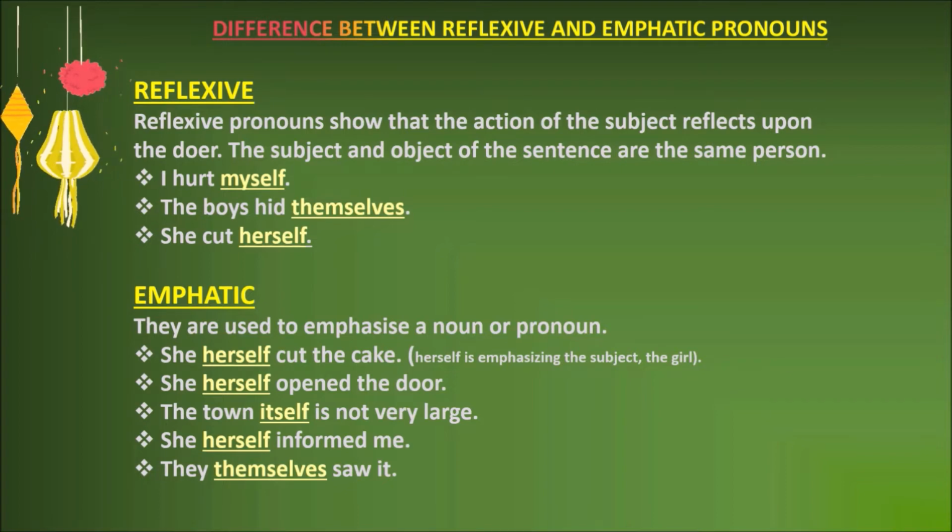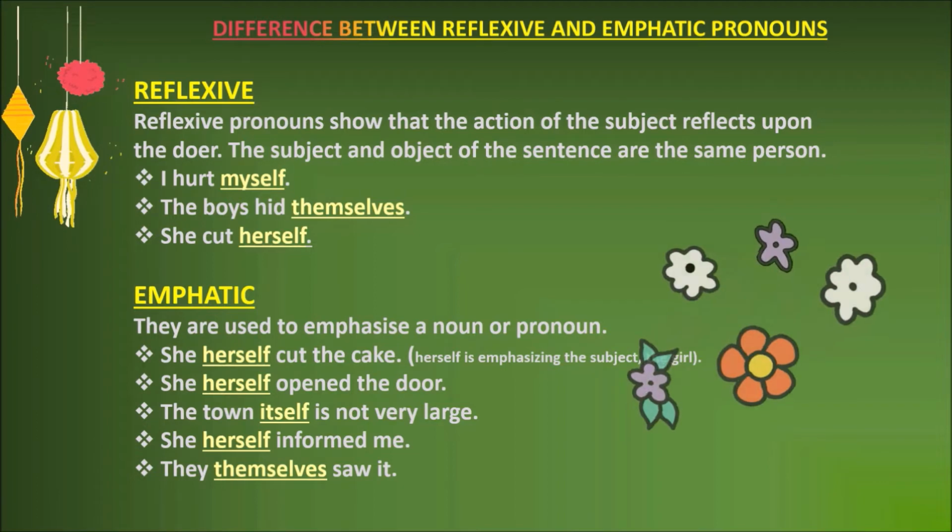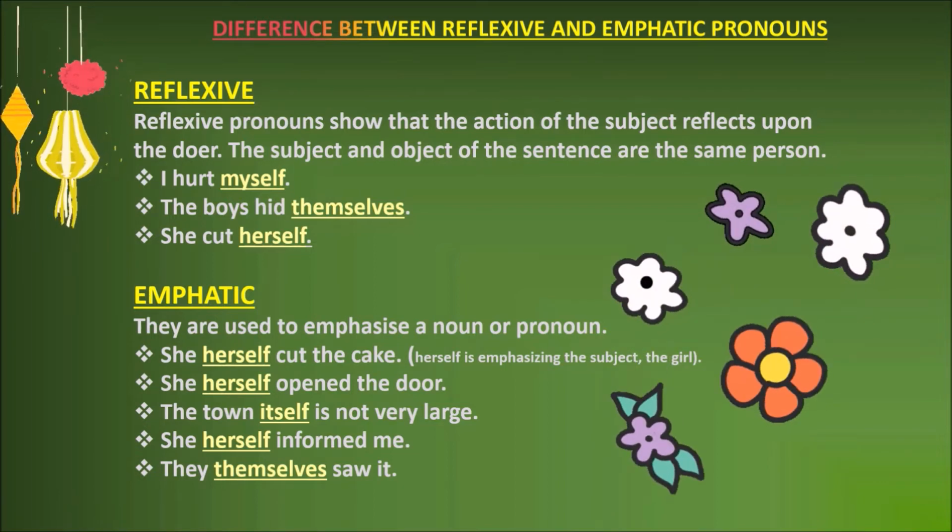She herself cut the cake. Now here the scenario changes because herself is an emphatic pronoun. It is emphasizing the subject, the girl, and the effect of cutting is on the cake. So emphatic pronouns are used to emphasize a noun or pronoun.